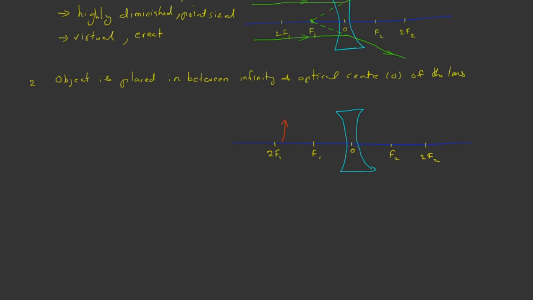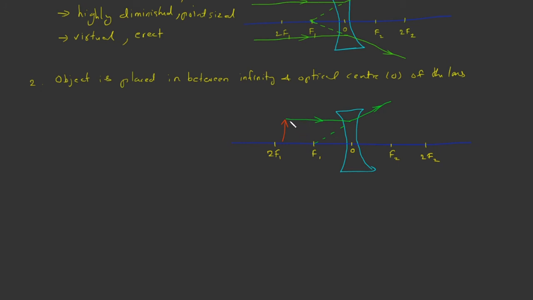For drawing the ray diagrams, we can consider two rays. First ray is a ray parallel to the principal axis. We know after refraction, this ray will diverge such that it appears to be coming from the principal focus F1.